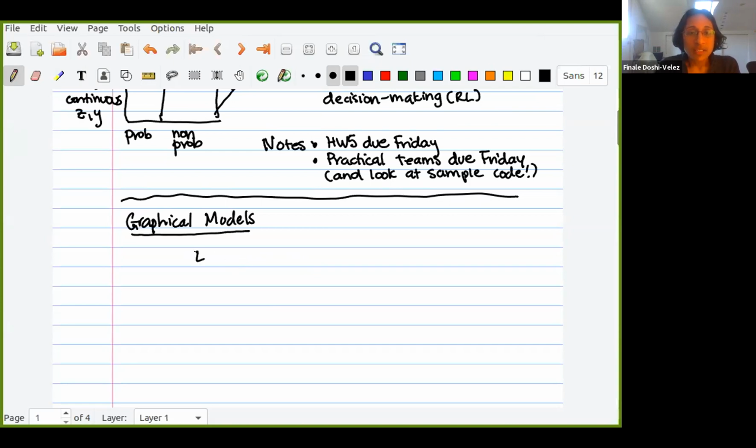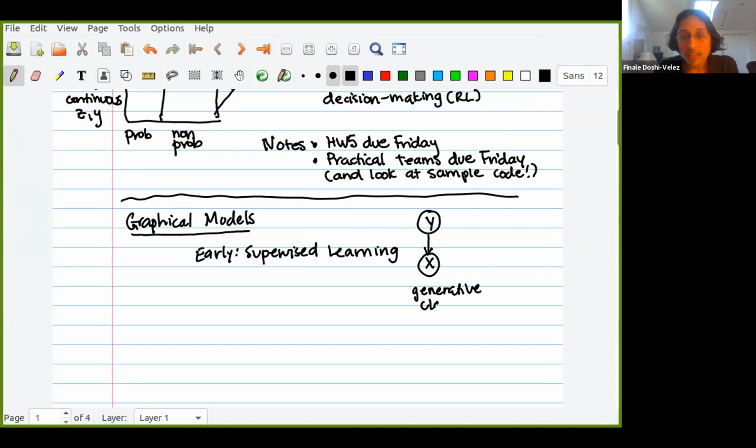So early in the semester, when we were doing supervised learning, we would draw pictures like this. We would draw pictures like the Y generates the X. This was the generative classifier.